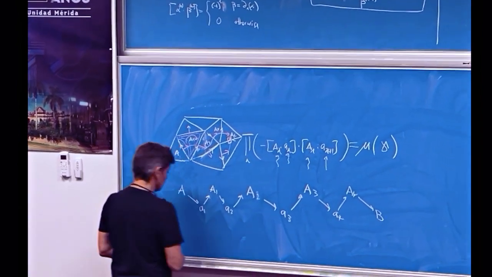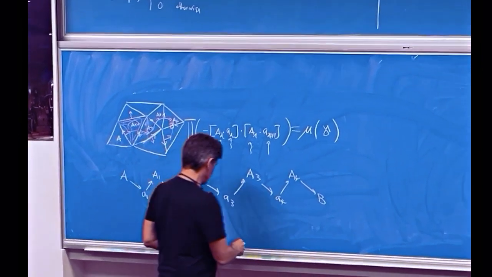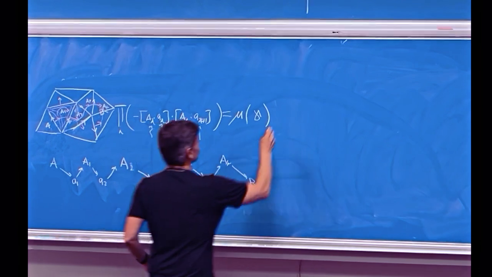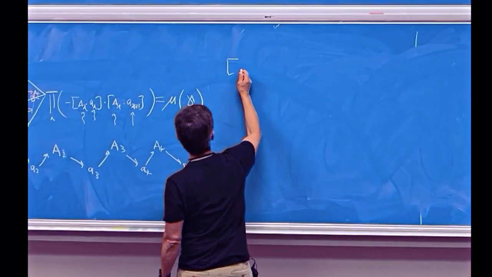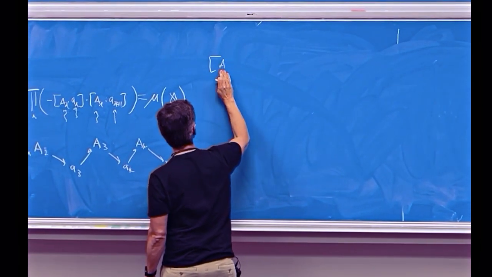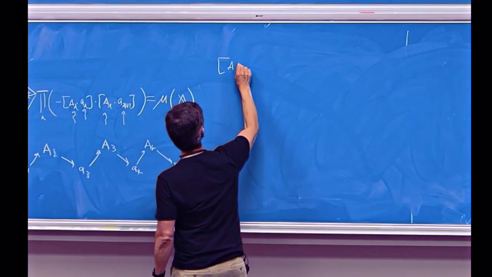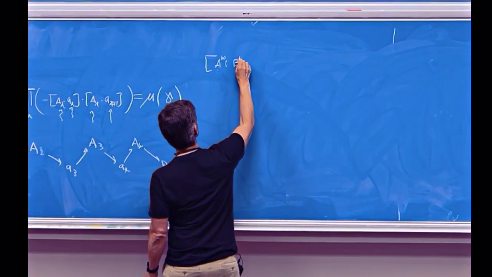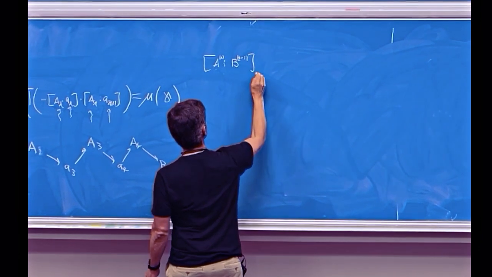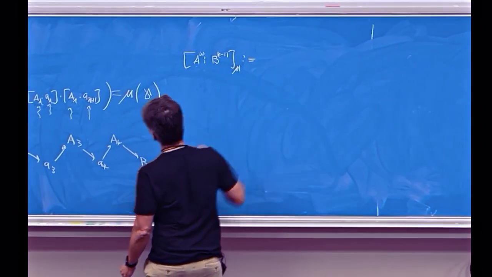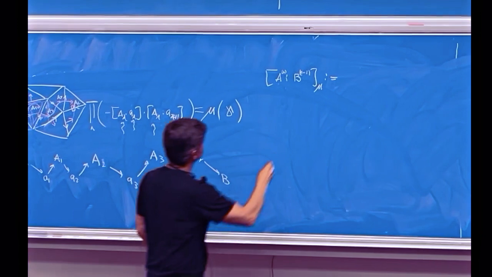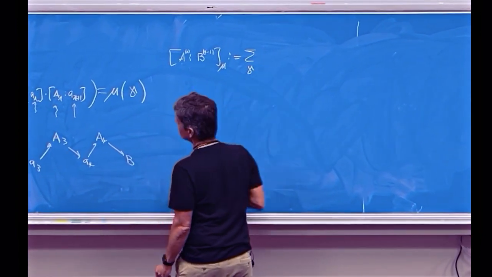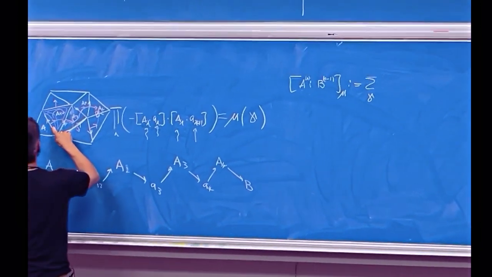All right, now if I want to say what is the incidence number of this critical cell A of dimension n into this critical cell of dimension n minus 1, a la Morse, it has to be a sum over all gradient paths.